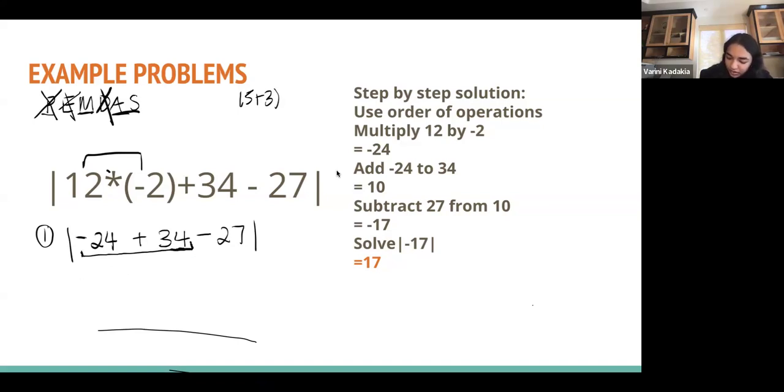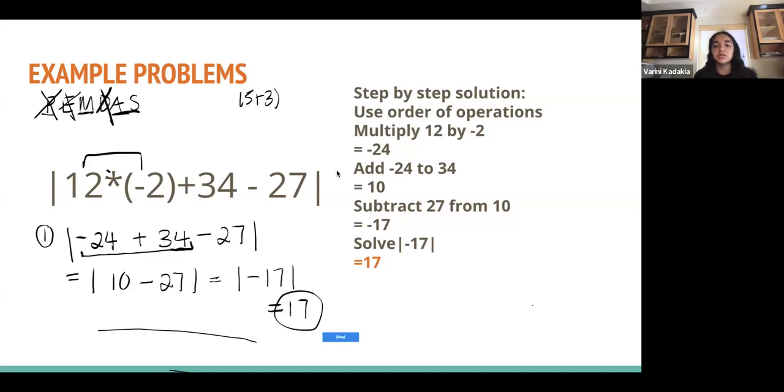If we add those together, we get the absolute value of 10 minus 27. So now we're done with addition. Is there any subtraction? Well, that's the last step. We have subtraction. So if we subtract, we get -17, right? And the absolute value of -17 will give us 17. So the answer is 17.